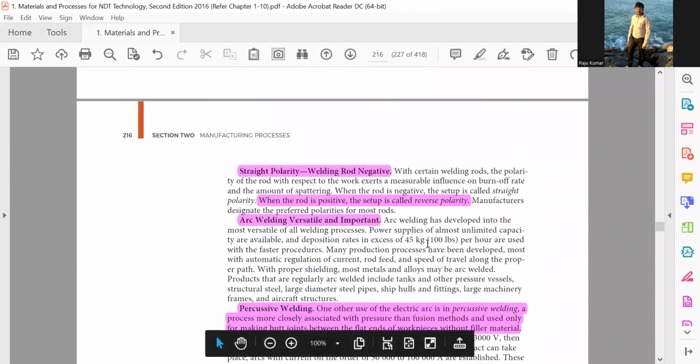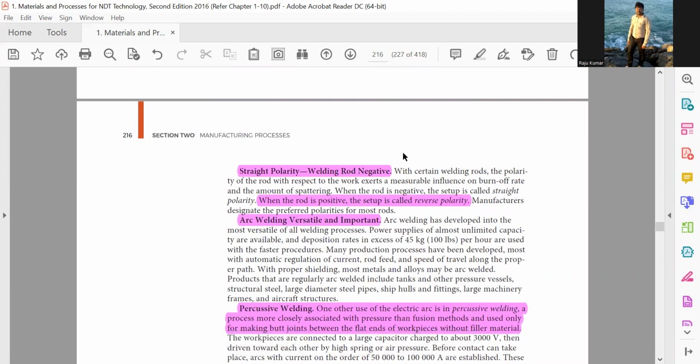There are two polarities. Straight polarity is welding rod negative. The negative has electrons, so it gives you high heat, exerting a measurable influence on the burn-up rate and the amount of sputtering.